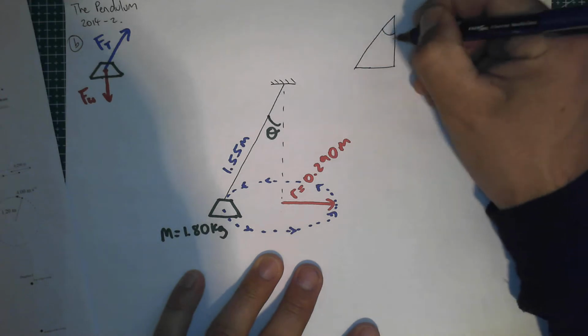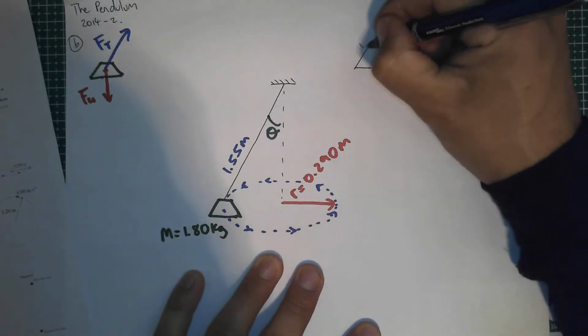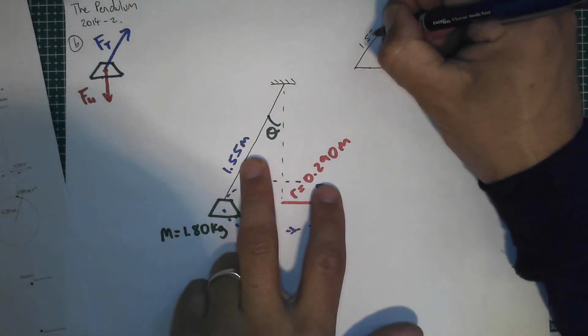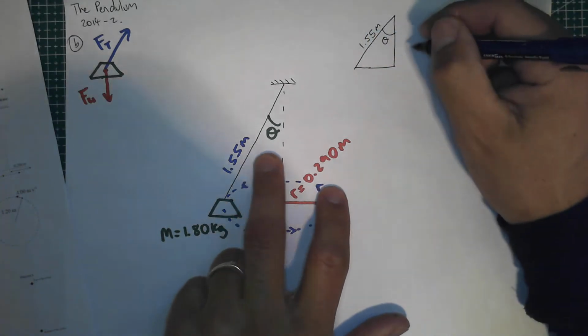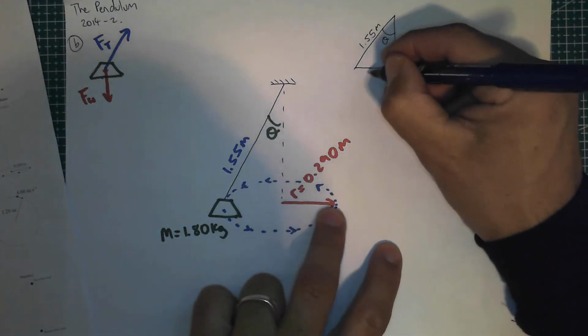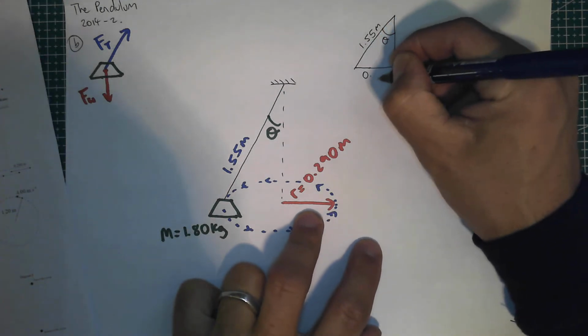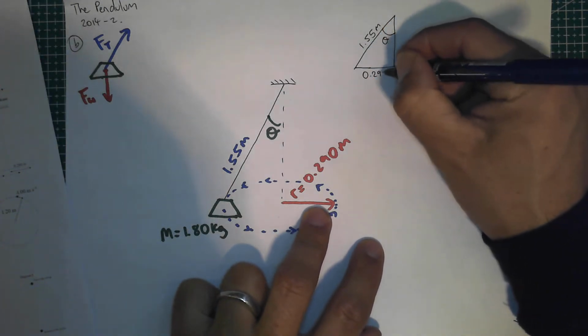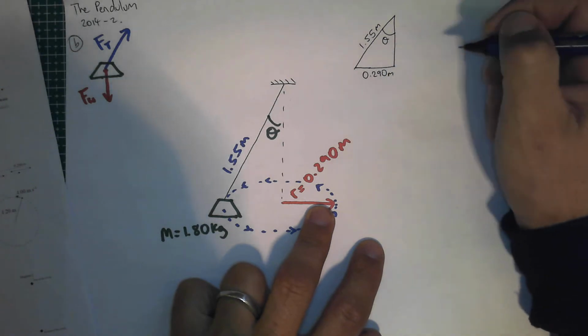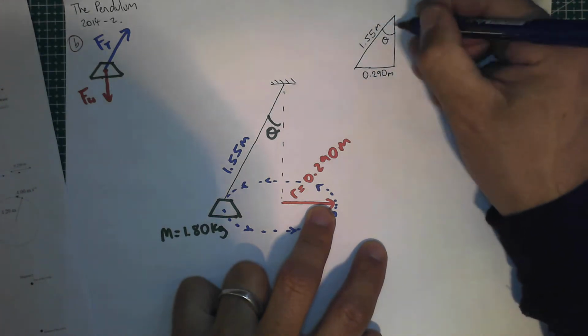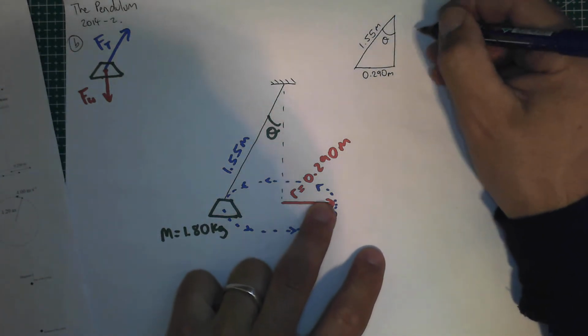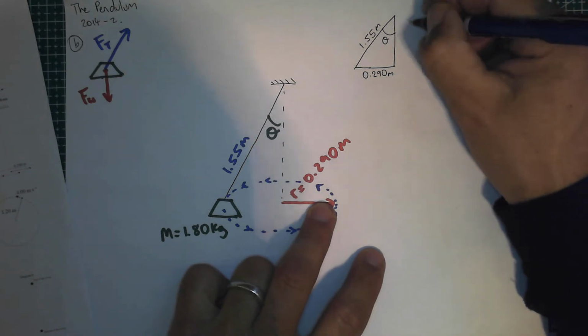So we've got this angle up here. The length of this side here, which is the length of the string, is 1.55 meters, and the length of the radius, which is this part here of the triangle, is 0.290 meters. And we just need to calculate this angle up here. So the way we do that is sine theta.